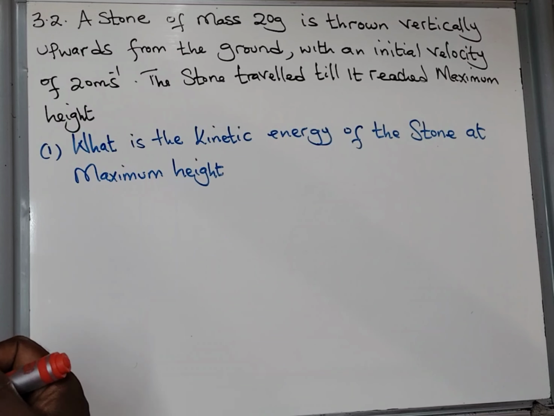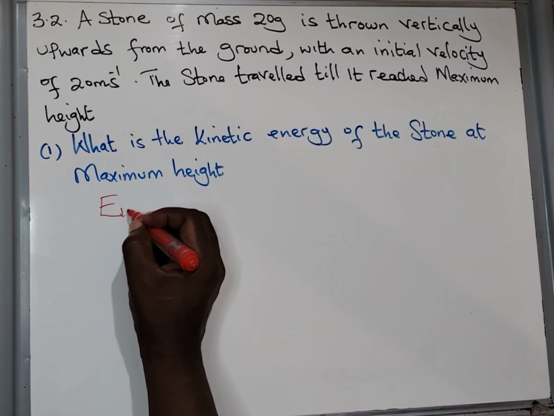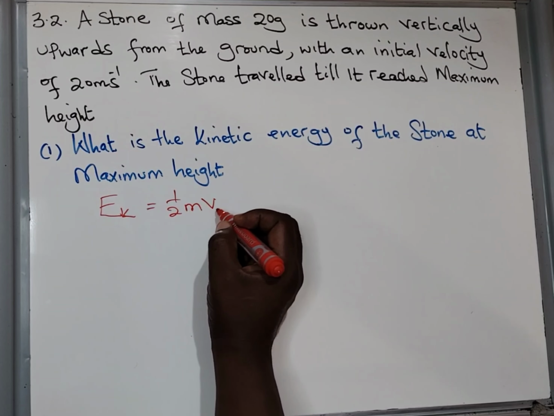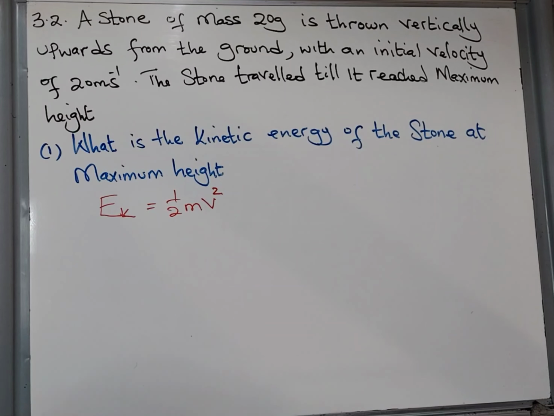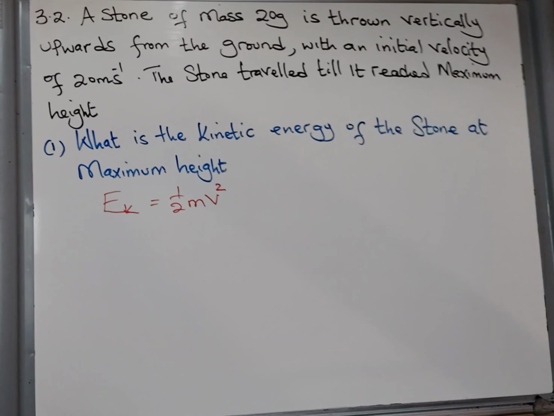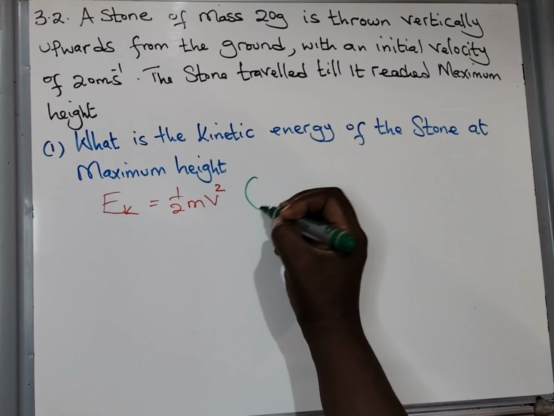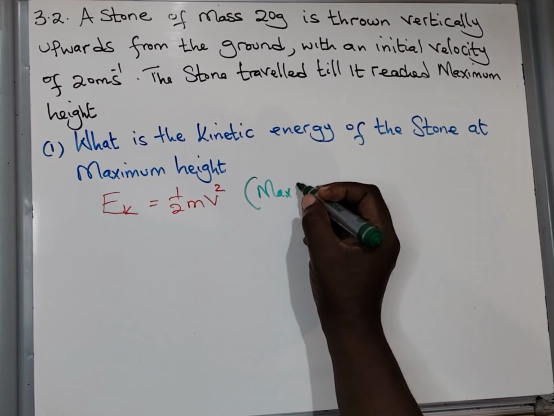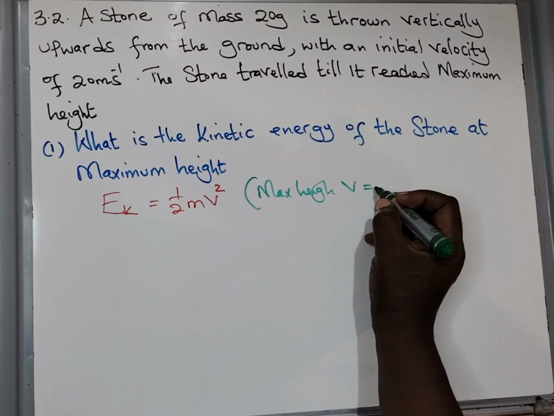Okay, how do we go about this? We know that kinetic energy, which is Ek, is given by this expression. But we know something. We know that at maximum height, velocity is 0.